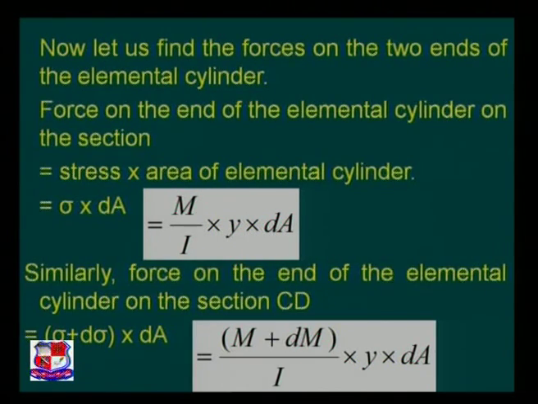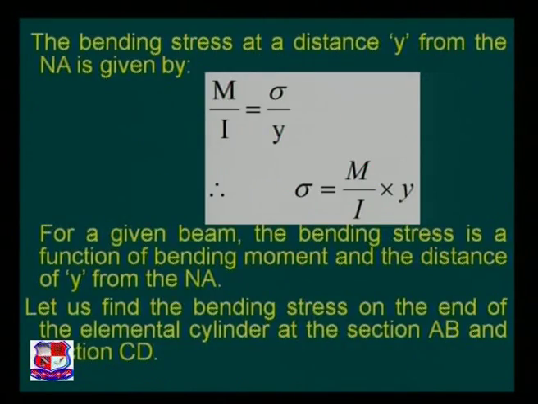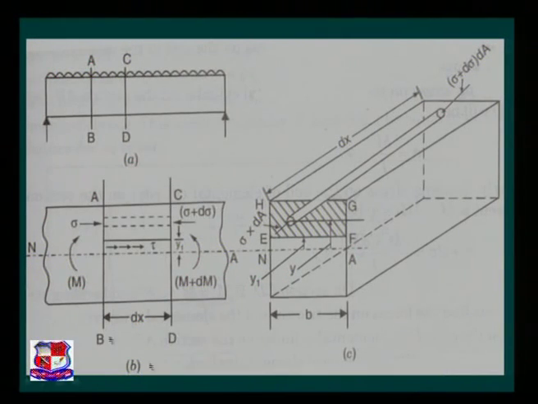If you want to visualize that clearly, just look at this figure. The force developed over here is M over I into y into dA, while over here the force developed is M plus dM divided by I into y multiplied by dA.